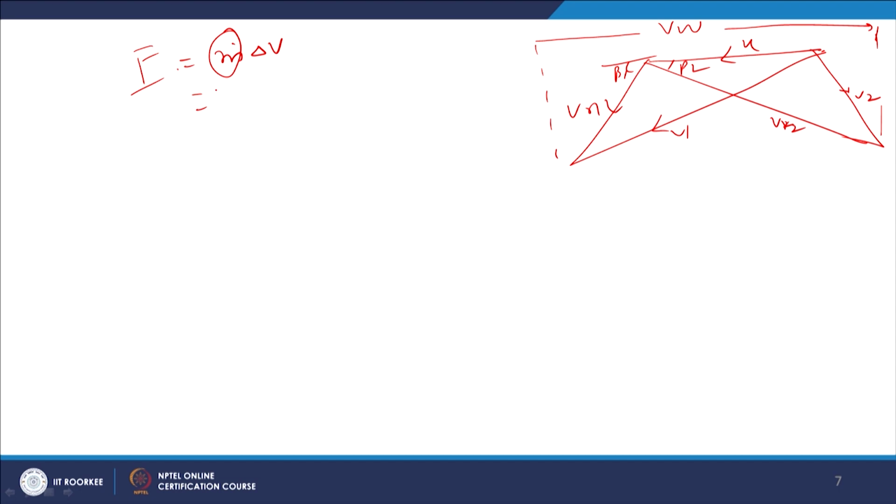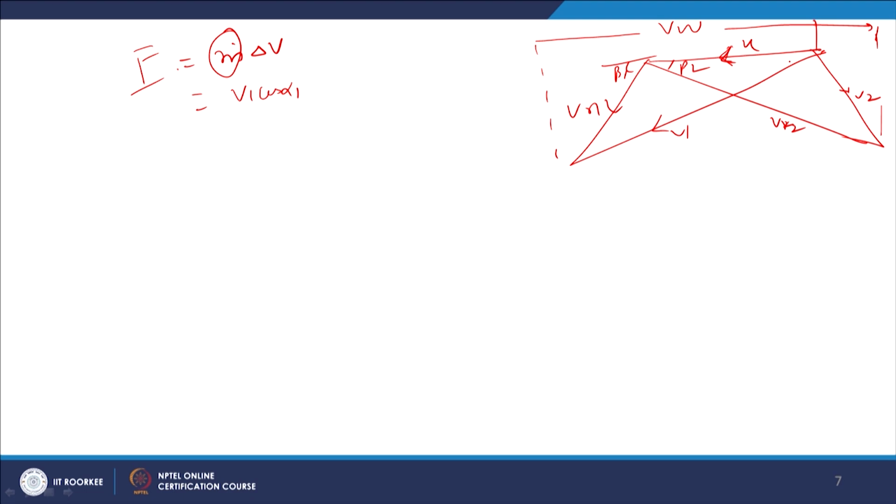And which velocity? The component of V1 which is causing force on the blade, in the direction of U of the blade. That is V1 cos alpha 1. That is the component which is causing force in this direction.